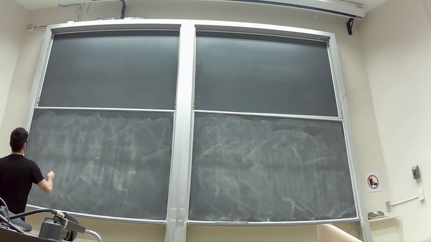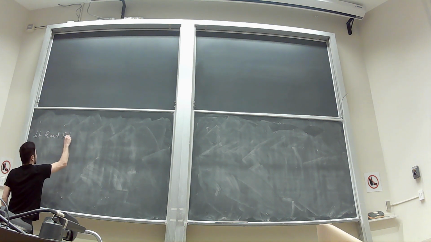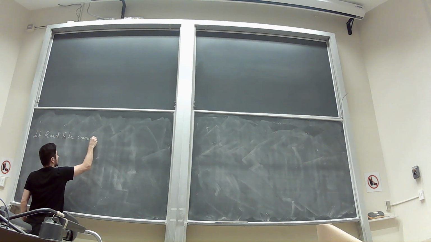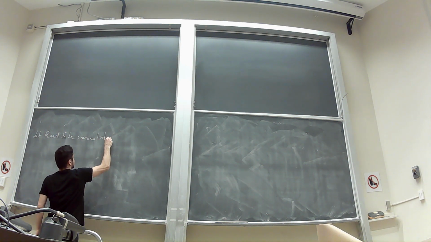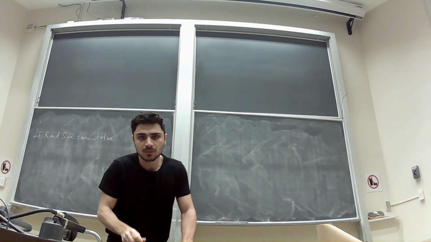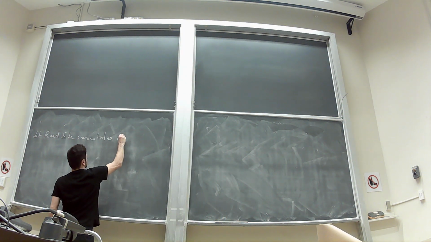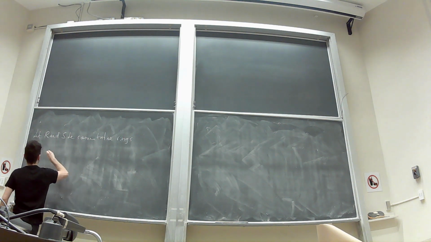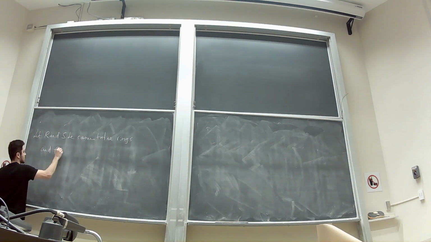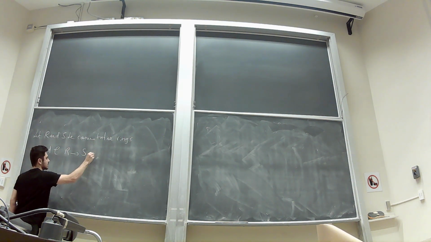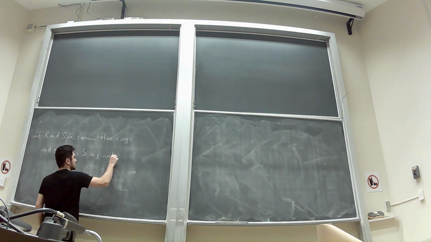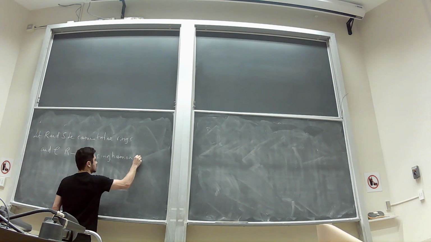Now we were discussing ring homomorphisms. Let R and S be commutative rings, and phi from R to S a ring homomorphism.